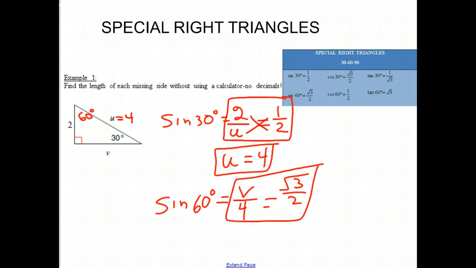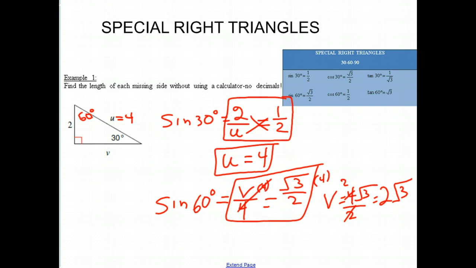And the easiest thing to do would be to multiply both sides by 4. So if we multiply by 4, these 4's cancel, and we would get v is equal to 4 times the square root of 3 over 2, which we can reduce a little bit, and it becomes 2 the square root of 3.